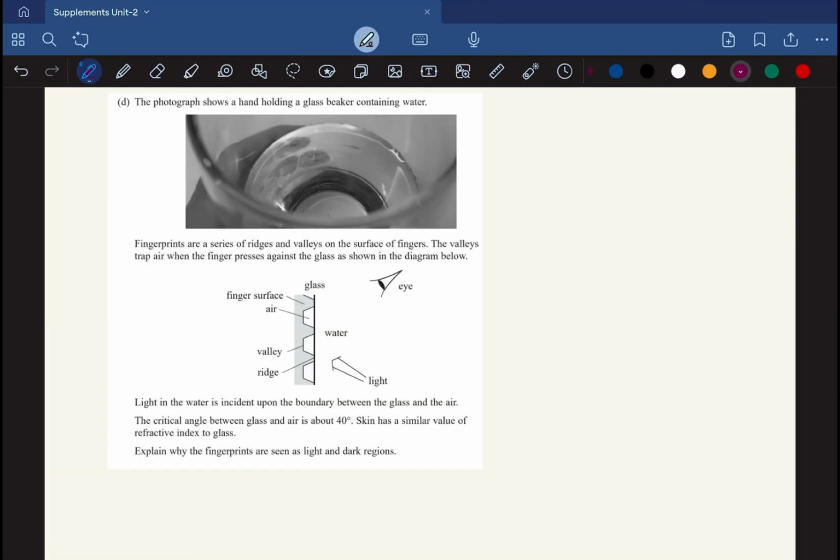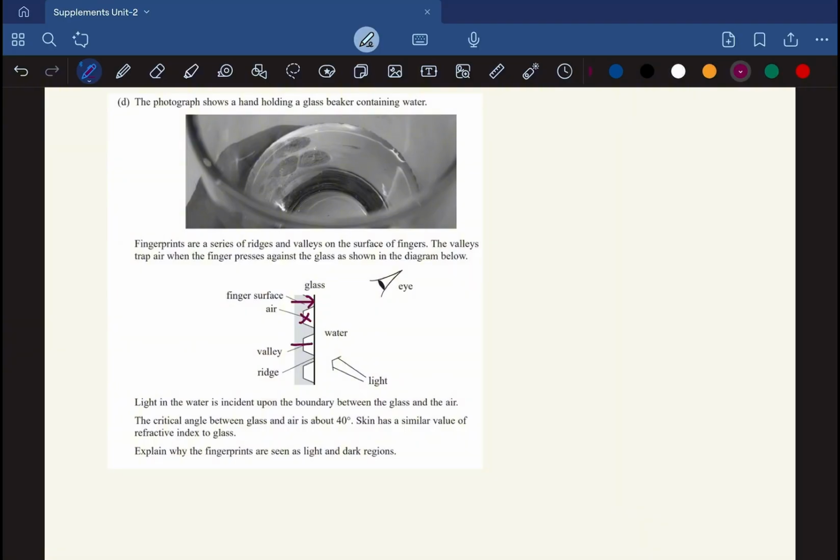A similar question says the photograph shows a hand holding a glass beaker containing water. Fingerprints are a series of ridges and valleys on the surface of fingers. The valleys trap air when the finger presses against the glass as shown in the diagram below. We can see clearly right here the finger is in contact with the glass, but here there is no contact.